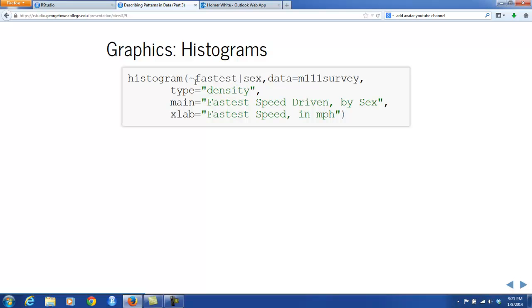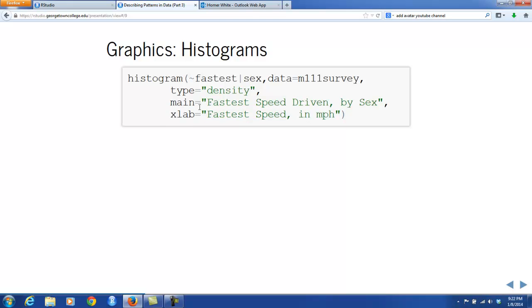You still have your twiddles, and you still have your two variables fastest and sex, but the operator that separates them is a vertical line, which stands for what we call conditioning. Again, you have your data input as well, and you have something to talk about what's going to be on the x-axis. Again, it's a good idea to give units for the fastest speed.